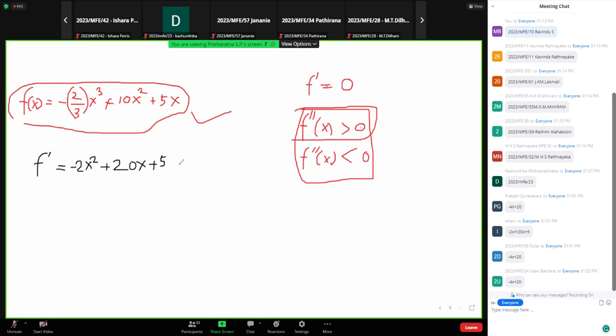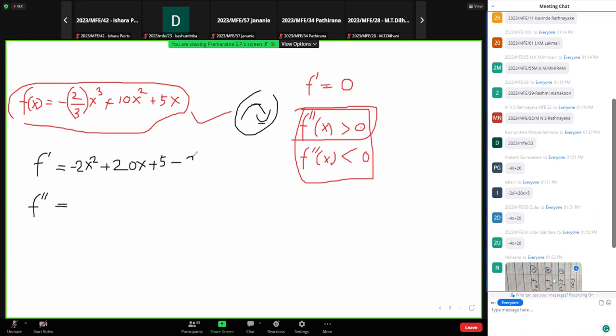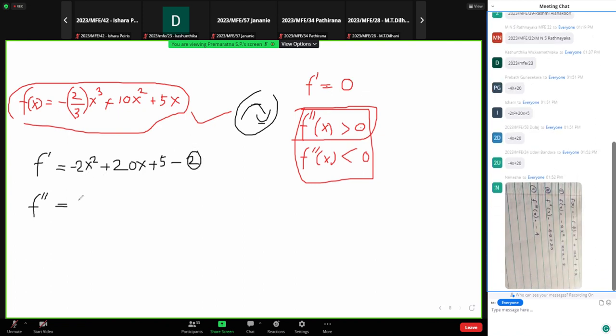So if you set this equal to zero to find the answers, you get the turning point, the maximum or minimum value. We are not doing this yet. And the second order differentiation, we differentiate again. So what happens is minus 4x plus 20.